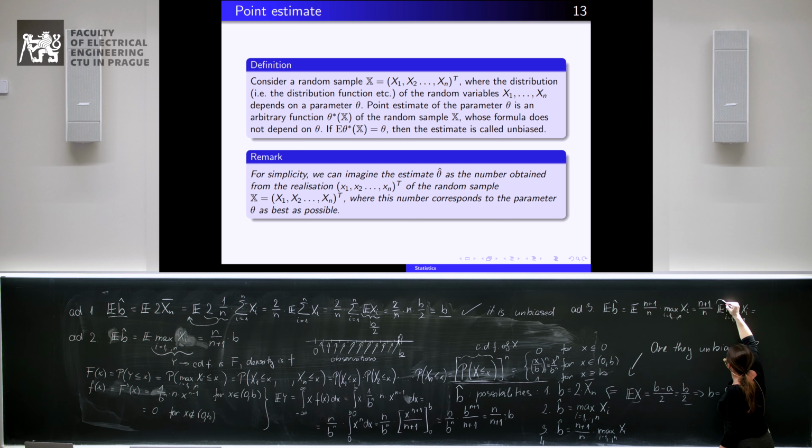And we know that this expected value is equal to n over n plus 1 times b.